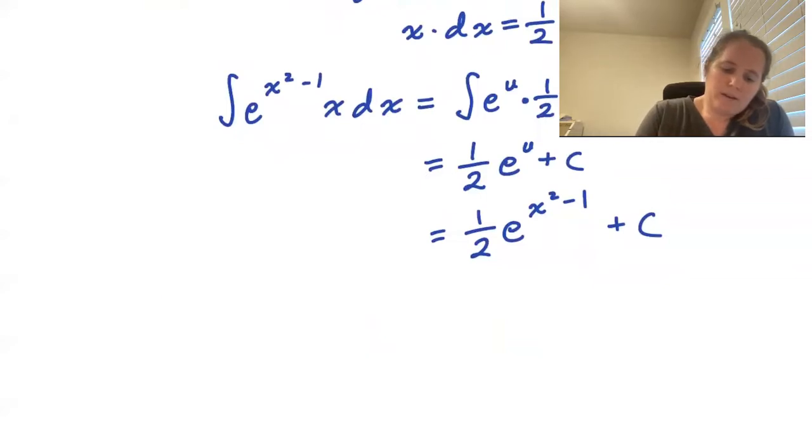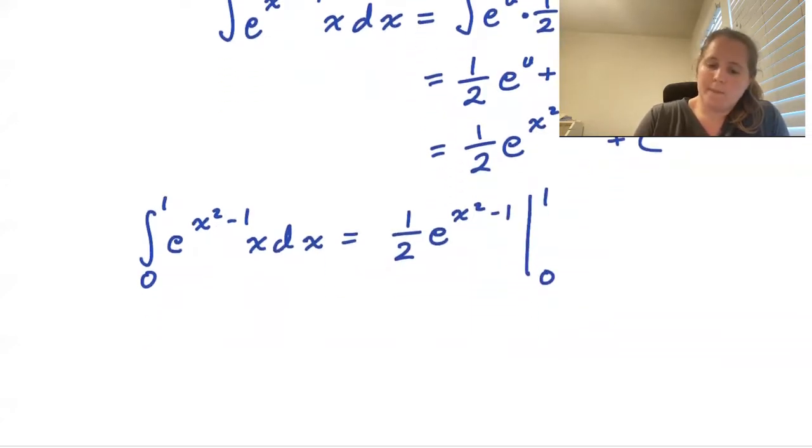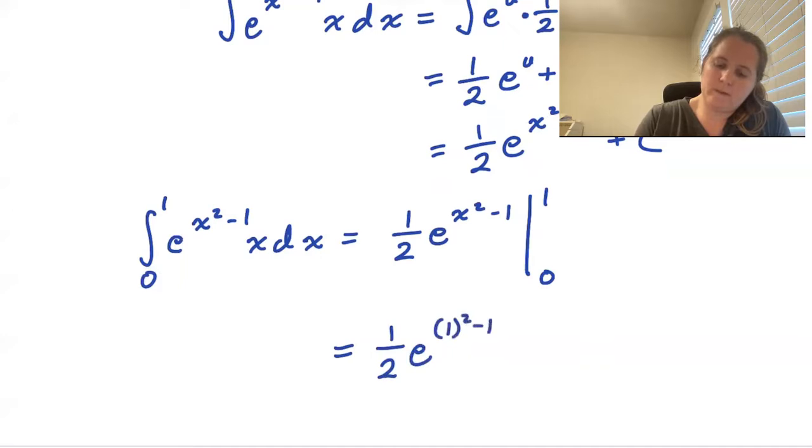So going back then, the definite integral from 0 to 1 of e to the x squared minus 1 times x dx is the same thing as 1/2 e to the x squared minus 1 evaluated from 0 to 1. And we'd have 1/2 e to the 1 squared minus 1, subtracting 1/2 e to the 0 squared minus 1.